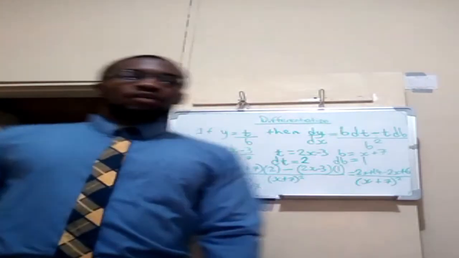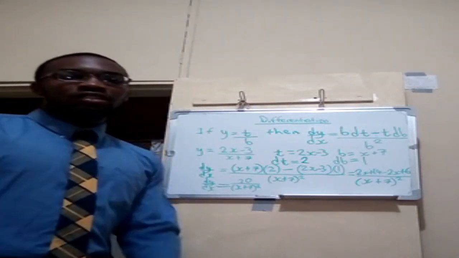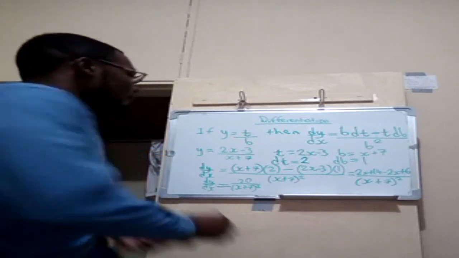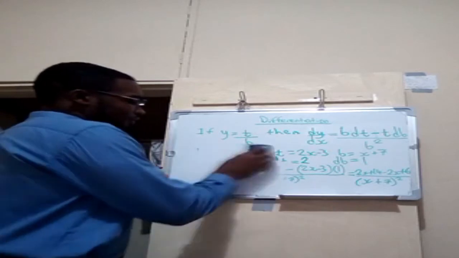Now the next rule that we're going to look at is known as the composite rule, or some people call it the chain rule.